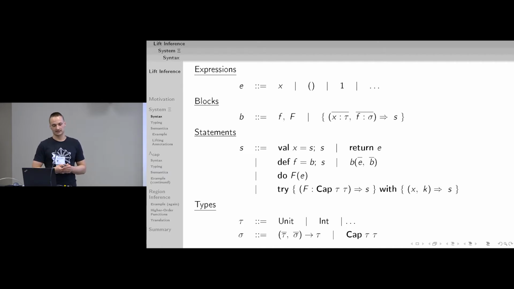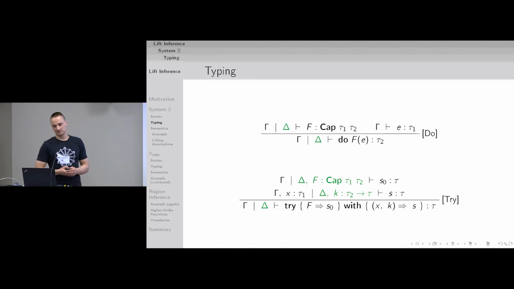We can also see this in the types. We have value types tau and block types sigma. In the typing, we can also see that we have two contexts. The first one is for values, and the second one, delta, is for blocks. So this is a second-class context, sort of.